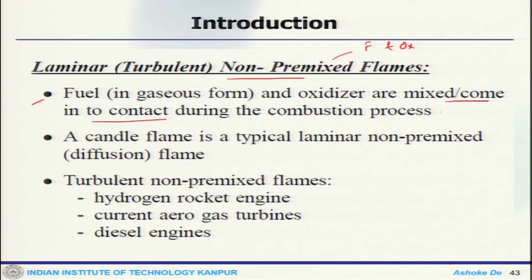One simple example is the candle flame, which we burn almost in our daily life. That is a typical example of a laminar, non-premixed diffusion flame, because the flow is so calm. There are also examples of non-premixed turbulent flames: hydrogen rocket engines, current aero gas turbines, and diesel engines, which is also from the automobile sector.